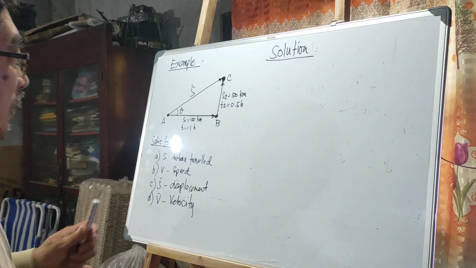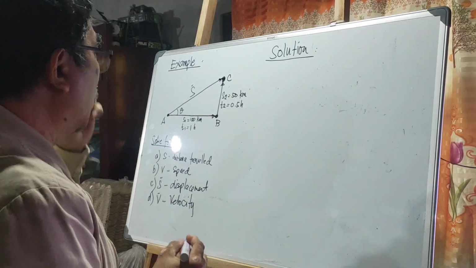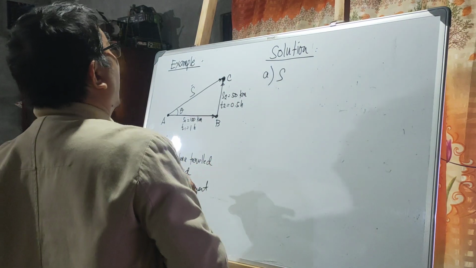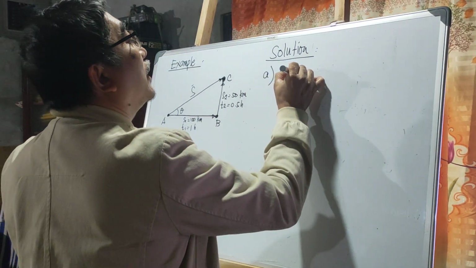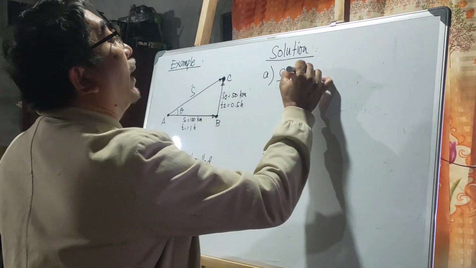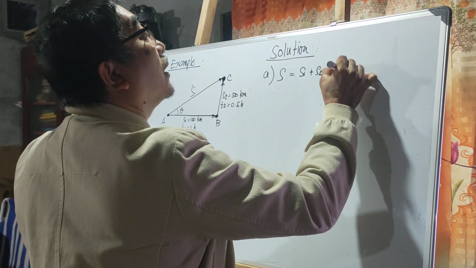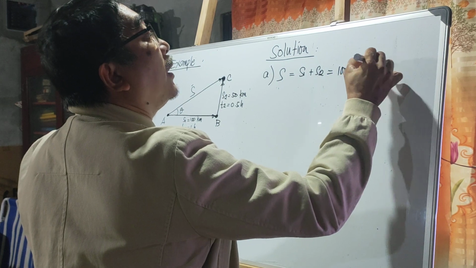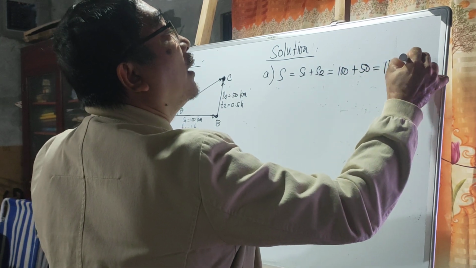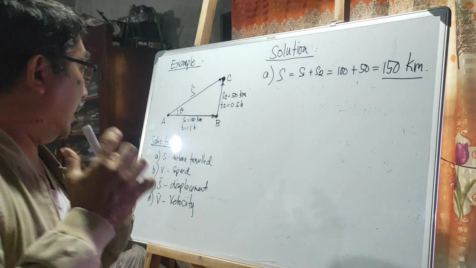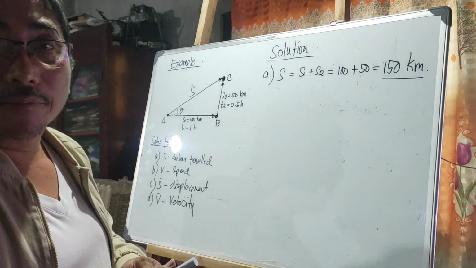Okay? So, let us start. So, doon muna tayo sa letter A. Distance traveled. So, the distance traveled here is just equal to S1 plus S2. And this is 100 plus 50, and that is 150 kilometers. Period. So, that is the distance traveled.